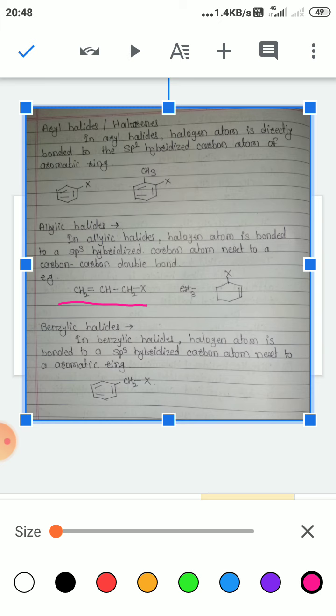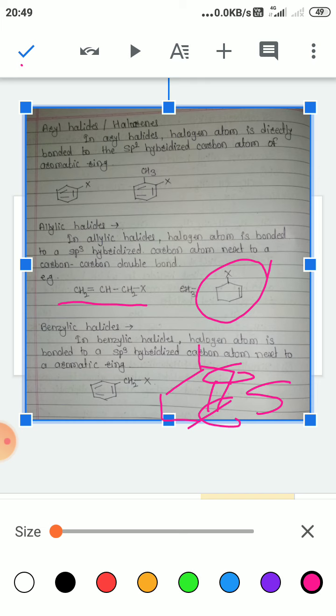Okay, but we can see a few examples of closed chain or cyclic allylic halides. Now if we consider simply cyclohexene, both these carbon atoms are sp2 hybridized carbon atoms, or we can say this contains a carbon-carbon double bond.